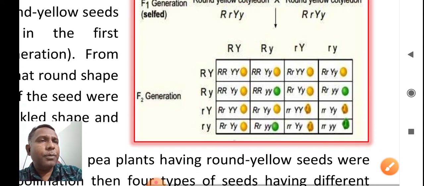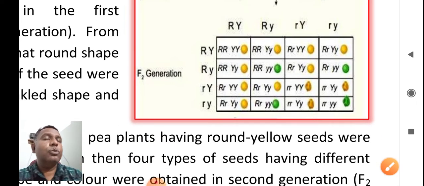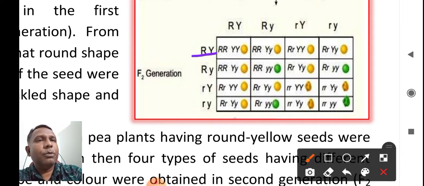After the formation of the gametes, when the cross is done, the system of crossing is one from here, one from here, and this will come here.